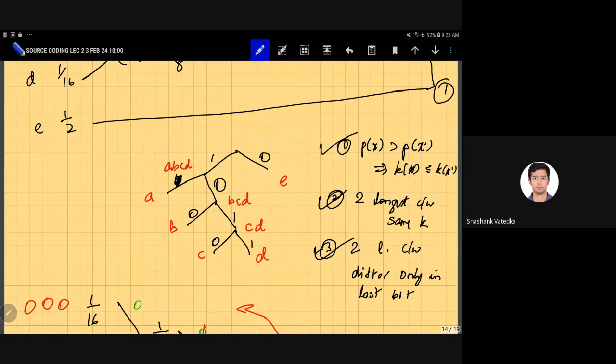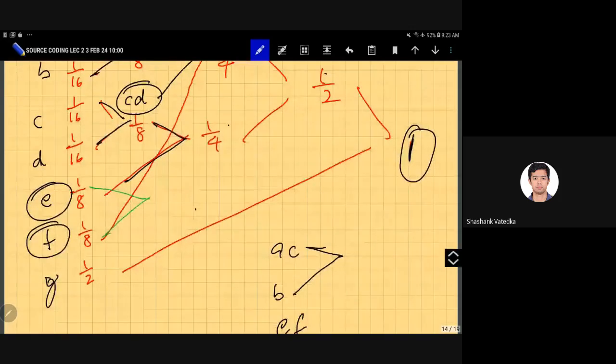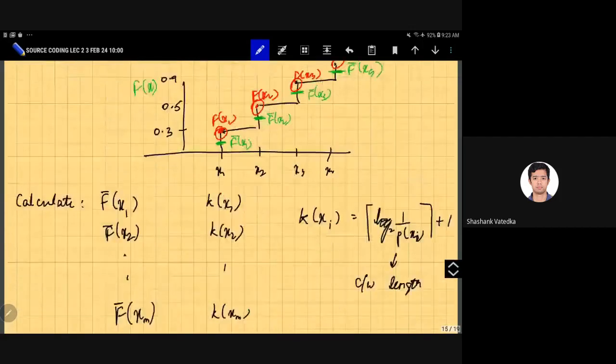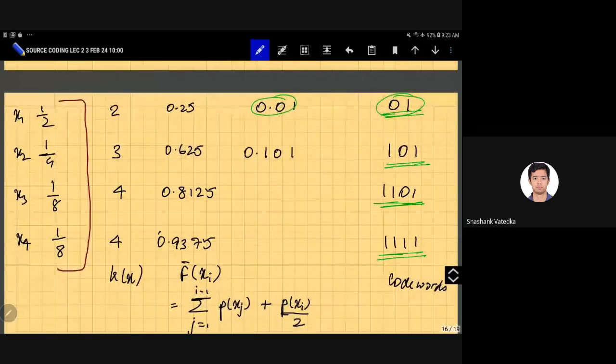Now I have not yet shown that this is optimal, but by this definition of something being canonical, a Huffman code is indeed canonical. Now, what about the Shannon-Fano-Elias code? Is it canonical? Let's take an example.